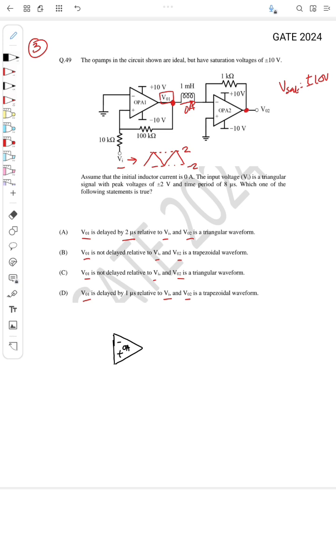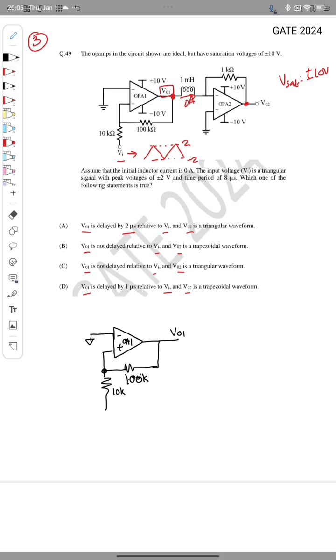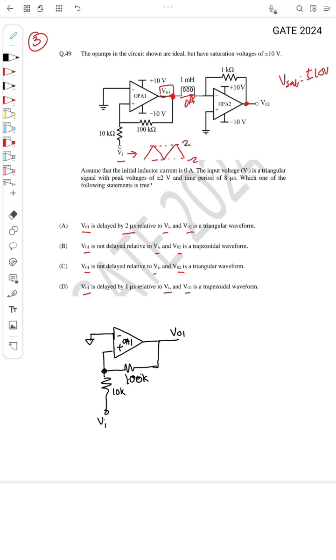So this OA1, this is ground, okay, so this is V01 and this is 100K and this is 10K, and I have the V input.